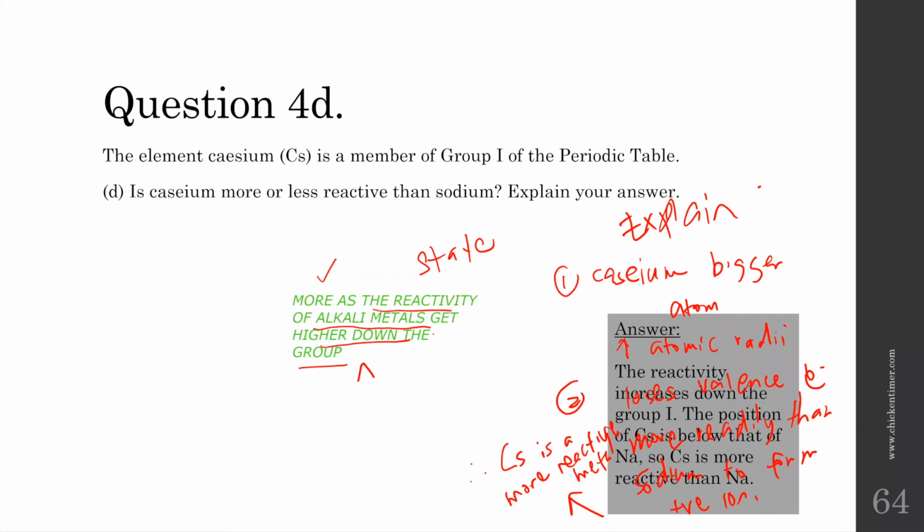The reactivity increases down the group. The position of Cs is below that of sodium. This is more like a state answer. But if they ask you for 2 marks, please write something like that. If they ask for a lot of marks, then you have to really explain.